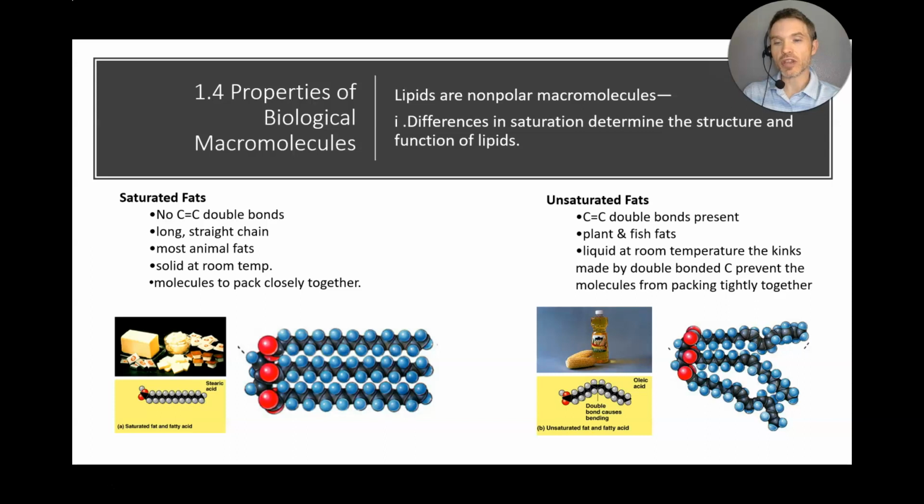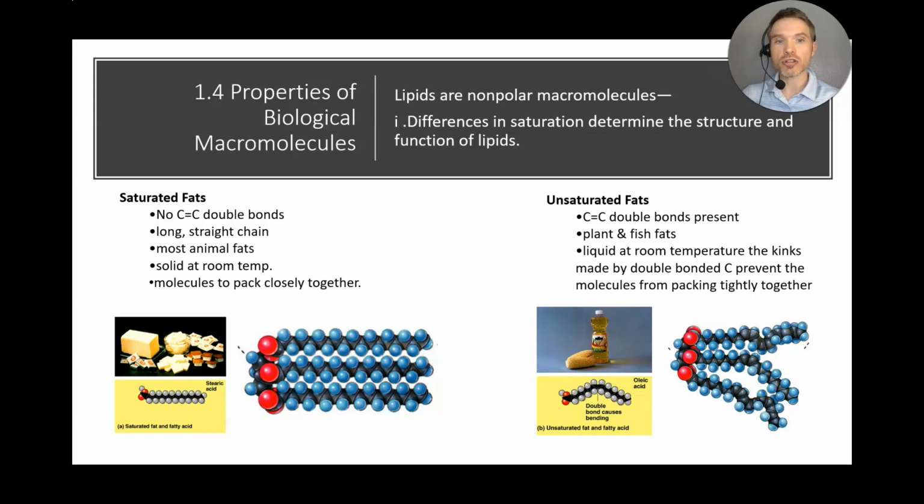The reason for this is that these molecules compact closely together. In the diagram below, you can see how a fat molecule is this box-like structure. And so when you have several of these side by side, they pack very closely together, allowing them to be a solid at room temperature.